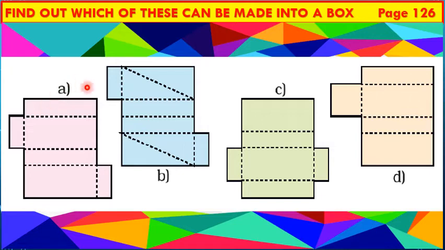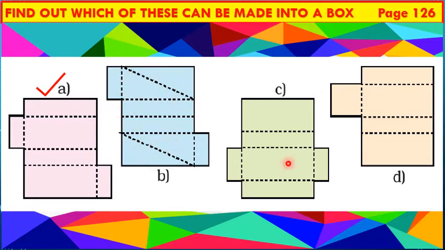Consider shape A. Count the number of faces. 1, 2, 3, 4, 5 and 6. Put a tick mark. Next, consider shape B. Here the number of faces is more than 6.